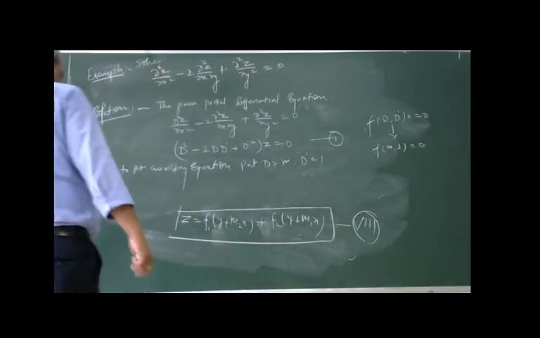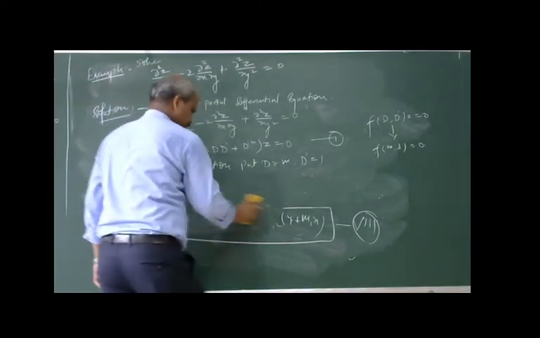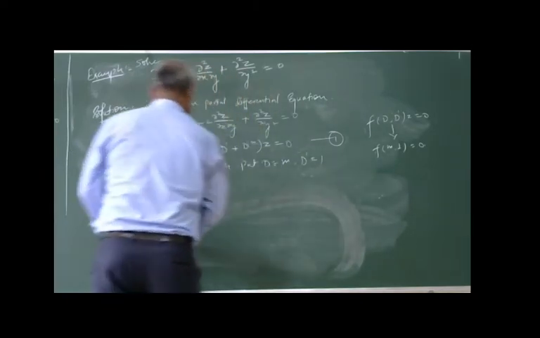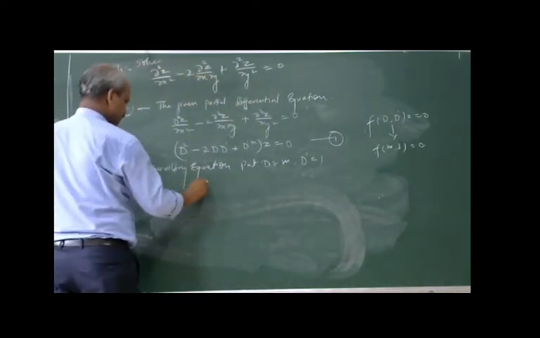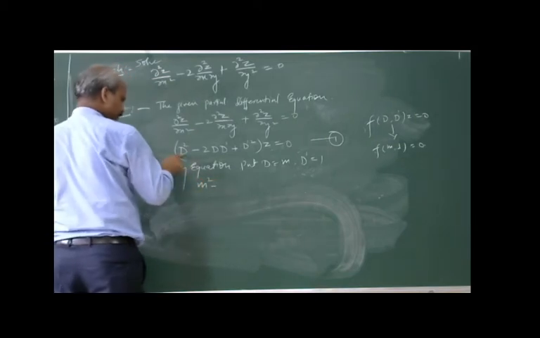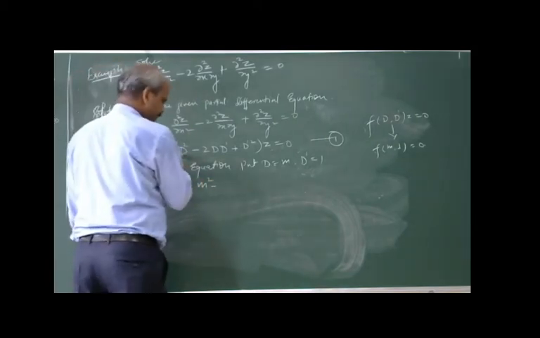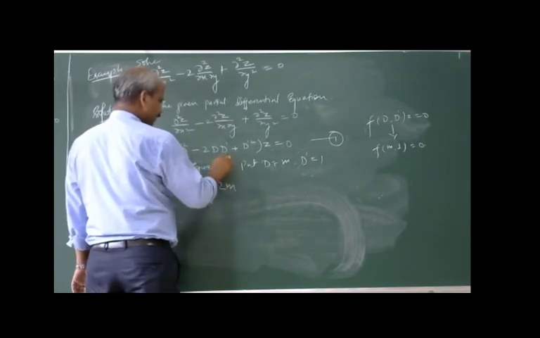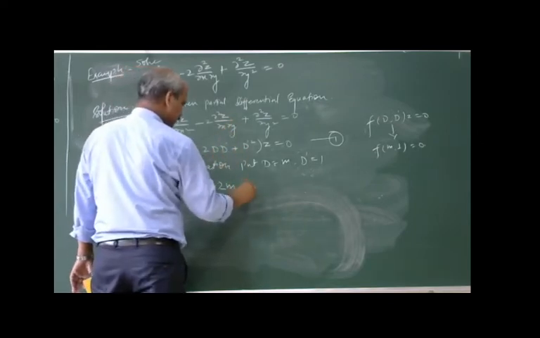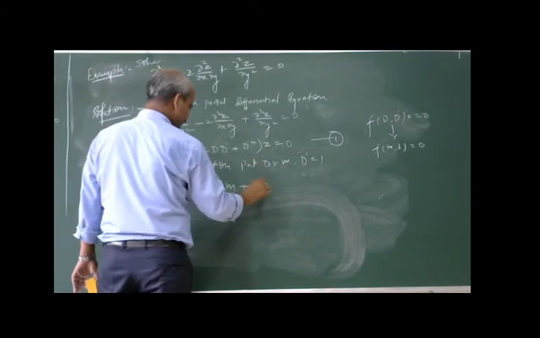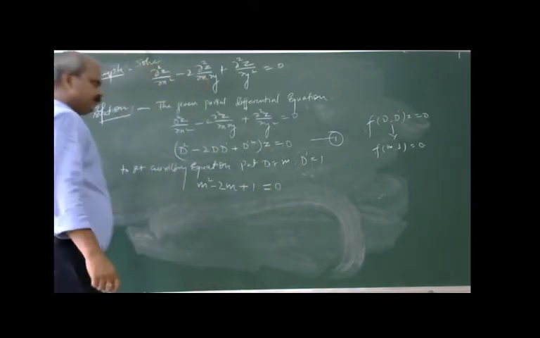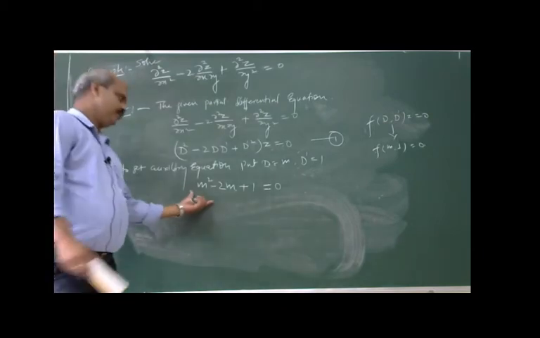So it gives m square minus 2 into m into 1 plus 1 square, equal to 0.